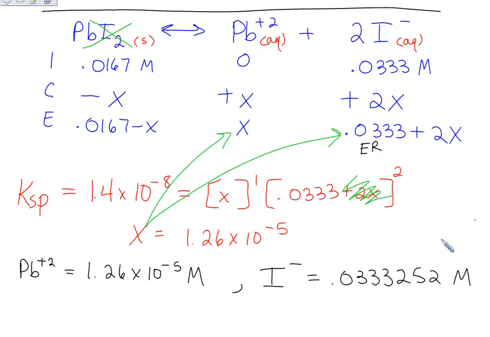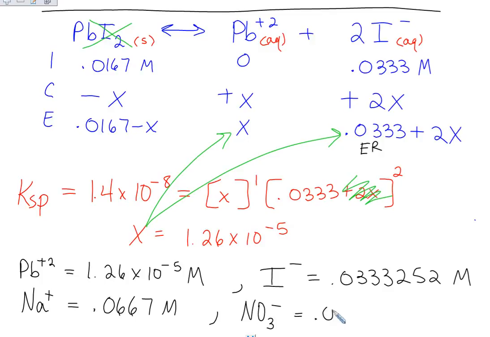They're not part of the reaction, but they're present. So here are the other 2. We're going to have sodium from the original solution, sodium being a spectator. That guy was just 0.0667 molar. And then the other one is the nitrate ion. Lead nitrate was 0.0167, but we want to multiply that by 2.